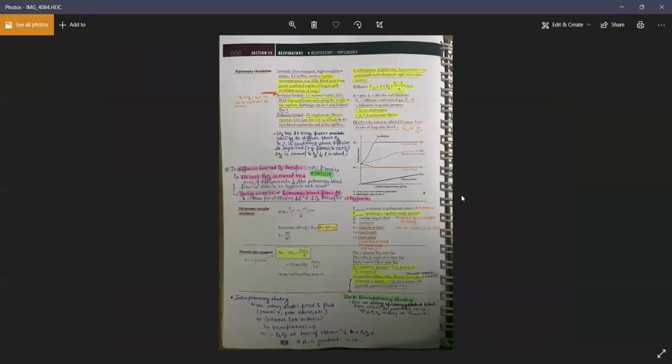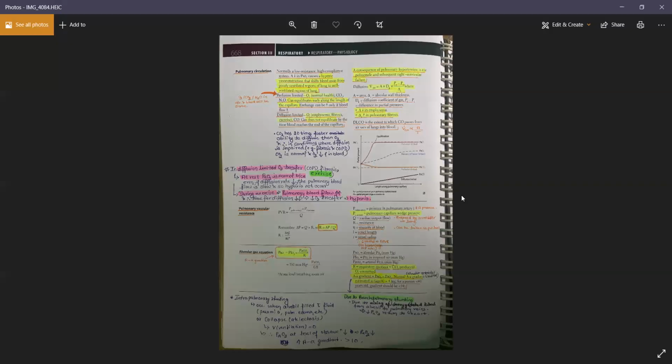Any more doubt on this page? Sir, this AA gradient may be present because some alveoli are not well ventilated. Yeah, it can also happen like that, because in case of your base, the alveoli present at the base have the most oxygen as well as the most blood, right?